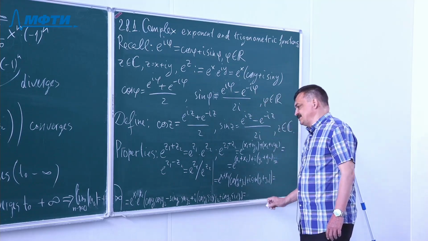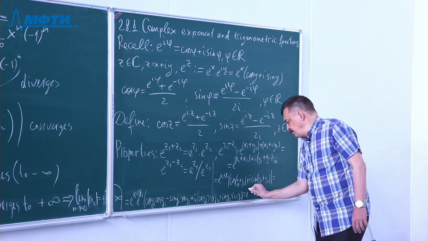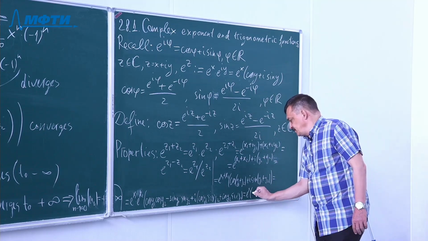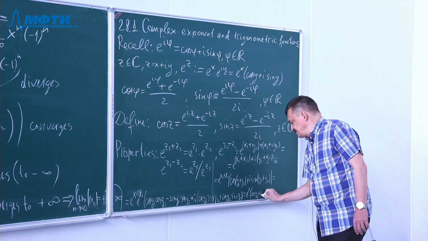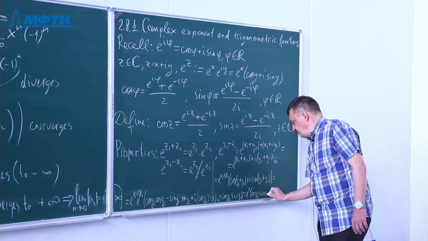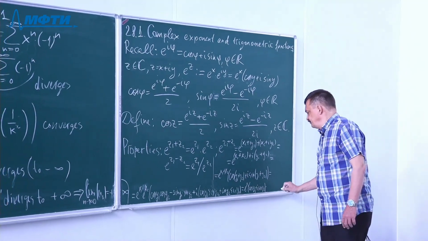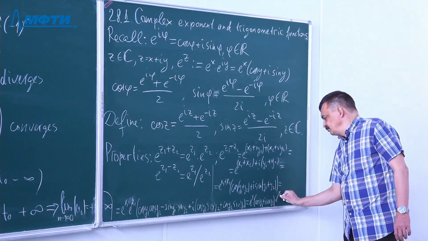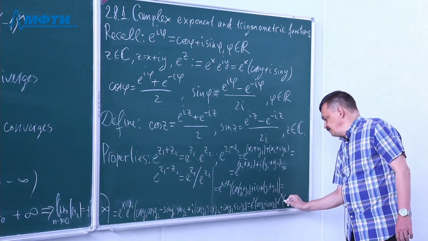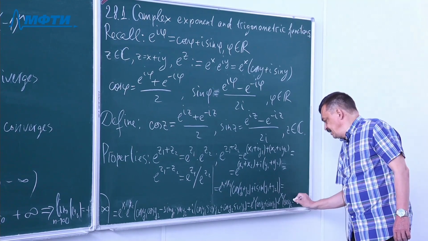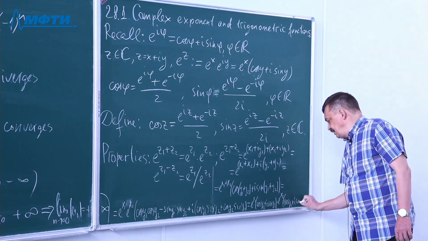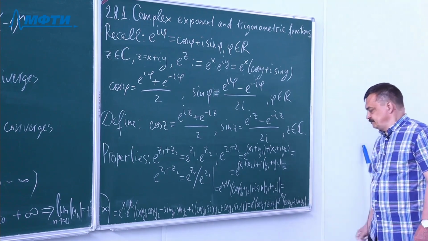And that is precisely e to the power x1 times cosine y1 plus i sine y1 times e to the power x2 times cosine y2 plus i sine y2.